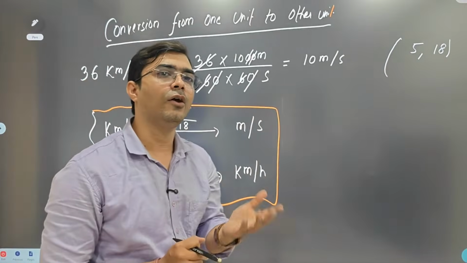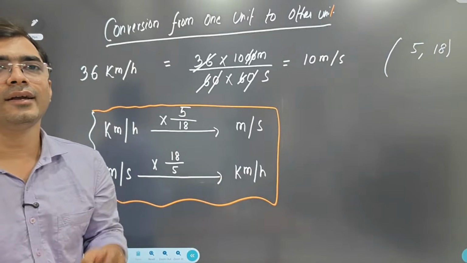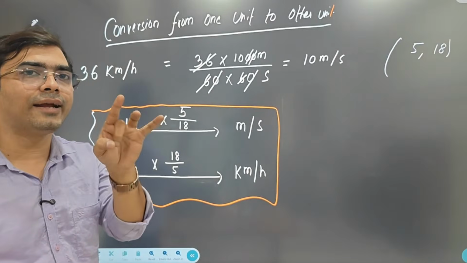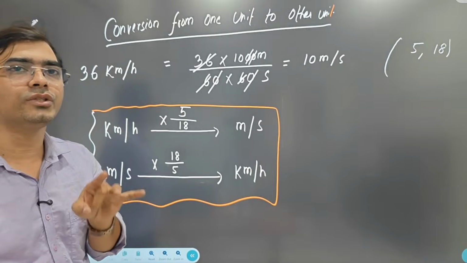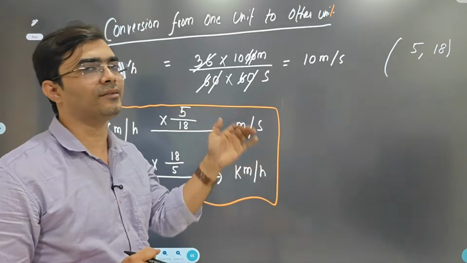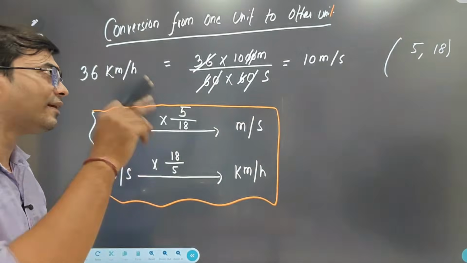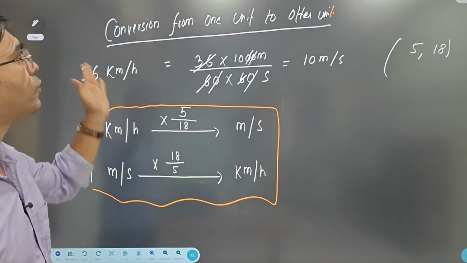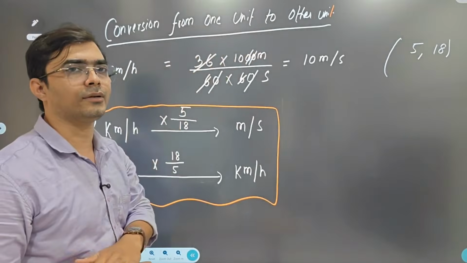What is the other way? When speed is constant, distance and time are directly proportional, so their ratios are equal, D1 by T1 equal to D2 by T2, and similarly the third case. Second thing we learned is how to convert one unit to another unit, right?